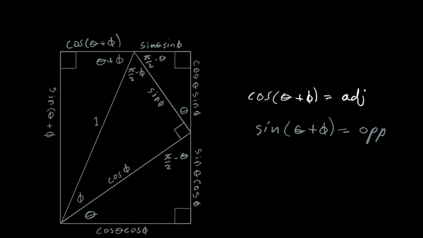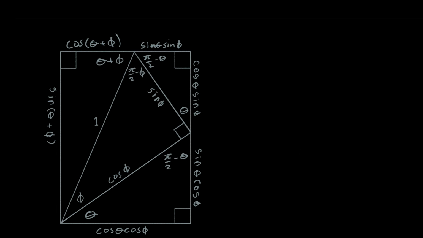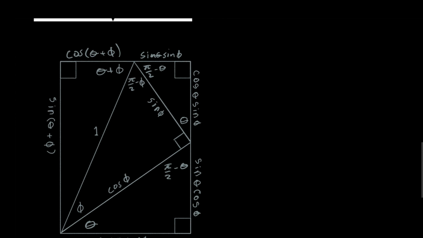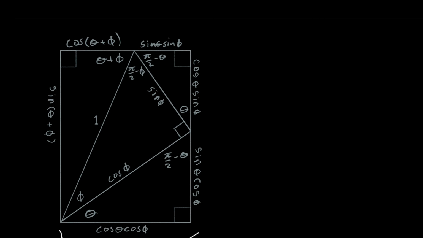Okay, now what we know is that the opposite sides of a rectangle must be of equal length. So we have an expression for the bottom side of the rectangle. That expression is the cosine of theta times the cosine of phi.